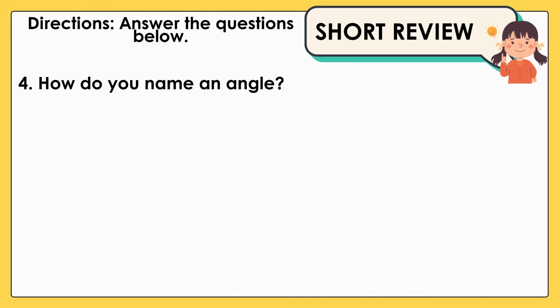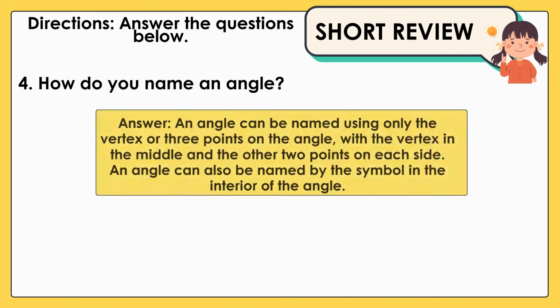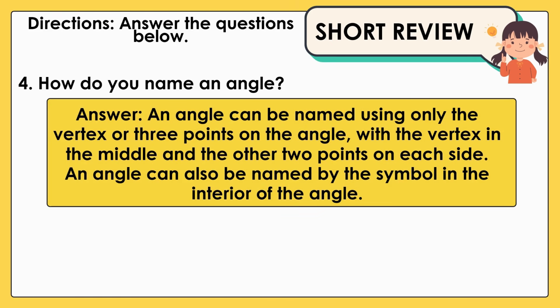Number 4. How do you name an angle? The answer: an angle can be named using only the vertex or 3 points on the angle, with the vertex in the middle and the other 2 points on each side.